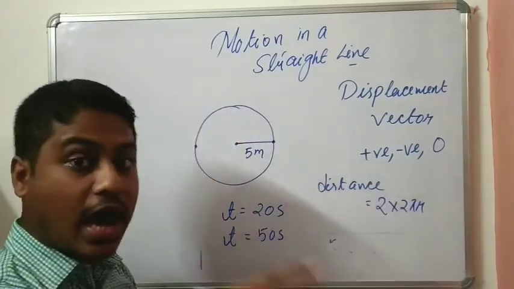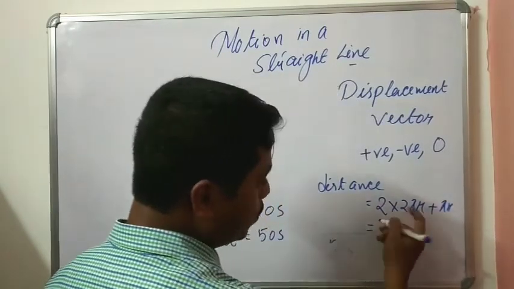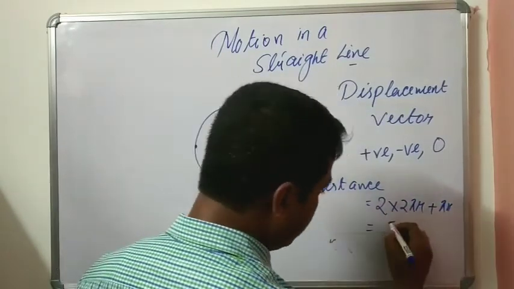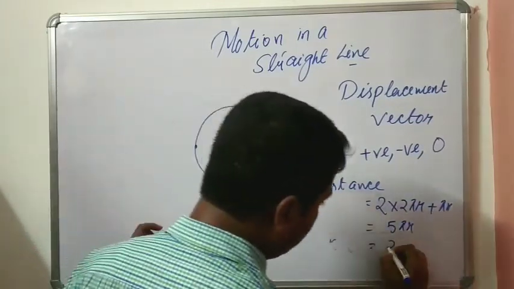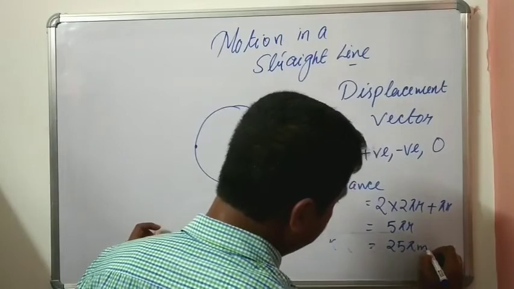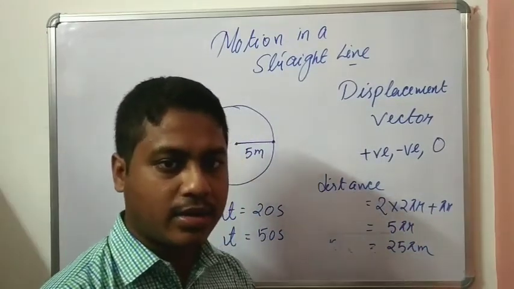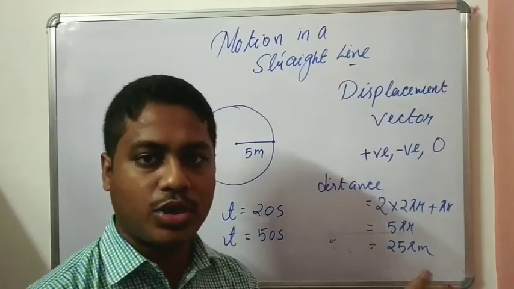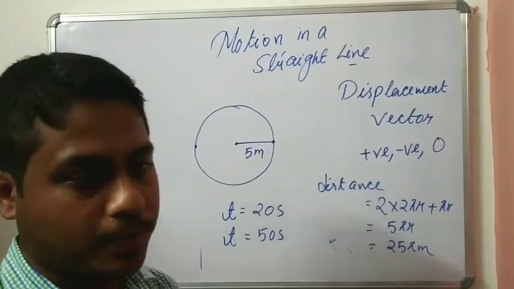Then he has completed half of a circle, so it will be pi r. So 2 into 2 is 4 pi r, plus pi r, it will be 5 pi r. The radius is already given in the question, so it will be 25 pi meter. You can place a value of pi, 25 into 3.14, or 25 into 22 by 7.